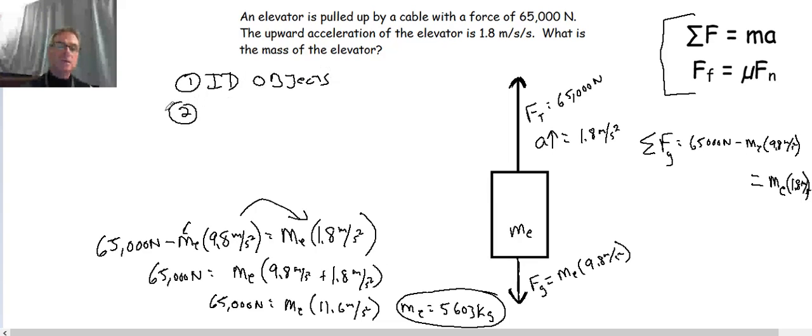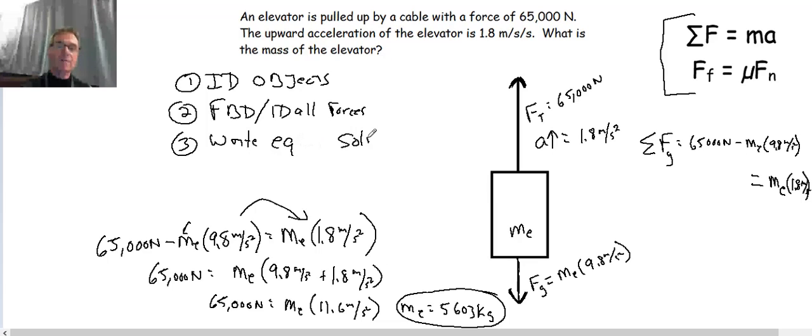Two is to draw free body diagrams, or identify all forces on each object, which we did. And then three, write our equation and solve. And if you do that and you don't skip any of the steps, you'll be successful.